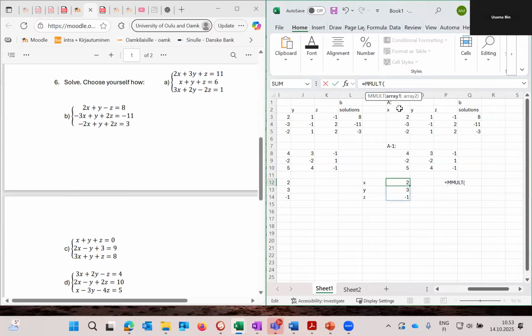Yes. So first you have to pick the array 1. And here it would be the, oops. Now there's something weird going on with my, okay, whatever. Come on, do it.